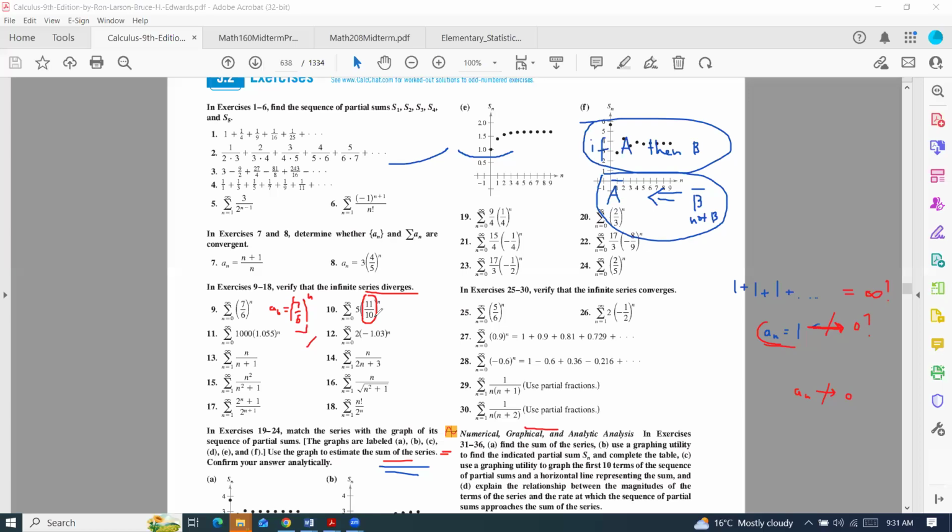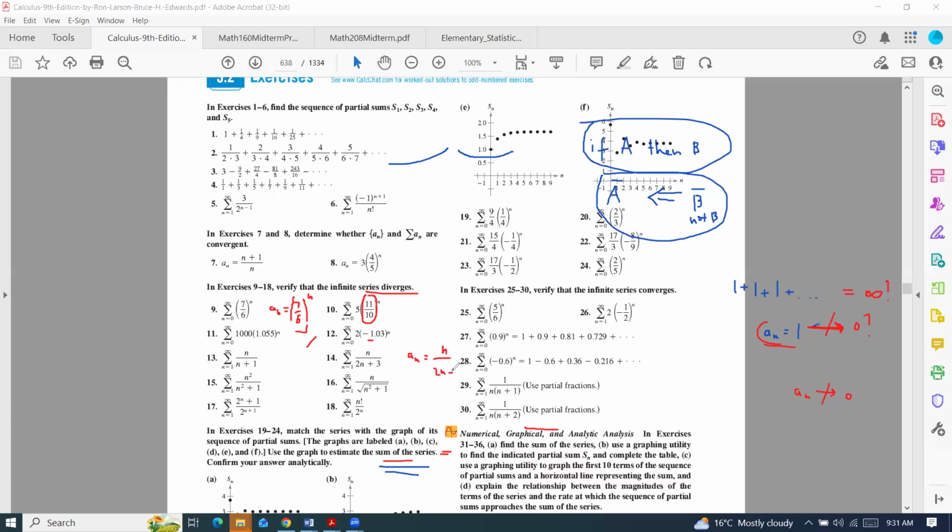Numerators are bigger than denominators. Notice this one is multiplied by 1 and a little something. And we don't care if it's negative or positive, as long as it is not approaching 0, it's divergent. What about number 14? Look at the nth term. It's a fraction with numerator n and denominator 2n.